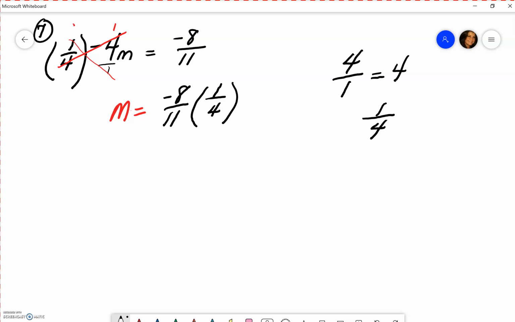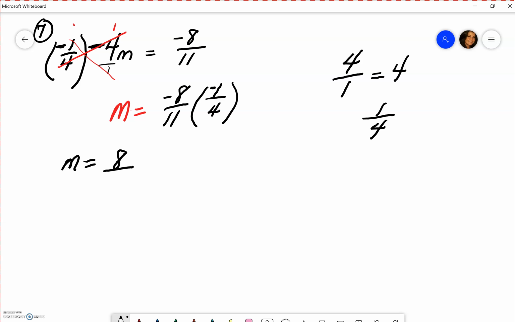Now, the only thing that doesn't work with this, if you notice on this side, we had a negative. So I would need a -1/4, because remember, a negative times a negative will give you the positive answer. So since it's a negative times a negative, we need to make sure we have the negative on this side also. Now, I'm going to multiply that out. So 8 times 1, that'll give me a +8.